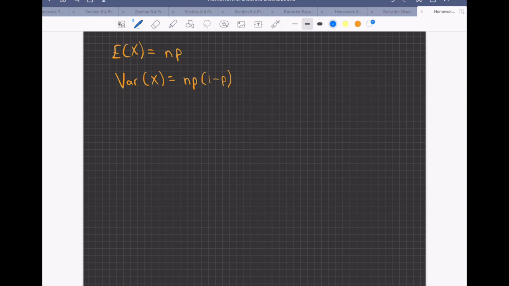So, an example. One typical example: tossing a coin. But here we are going to toss a fair coin 3 times, and let X be the number of heads.